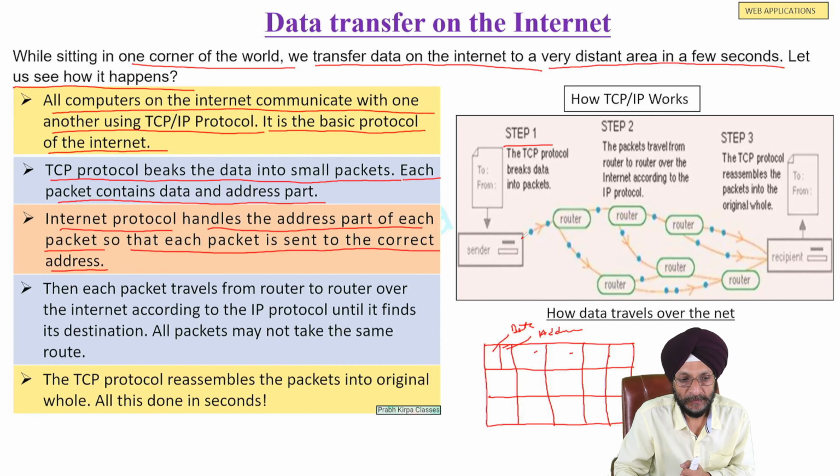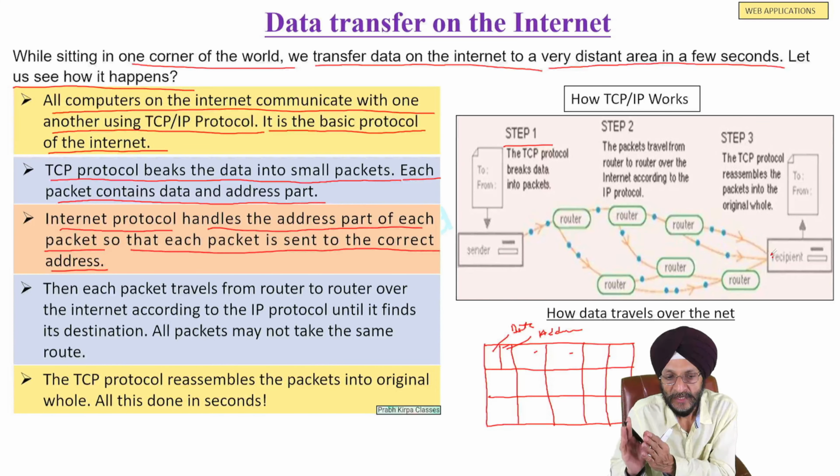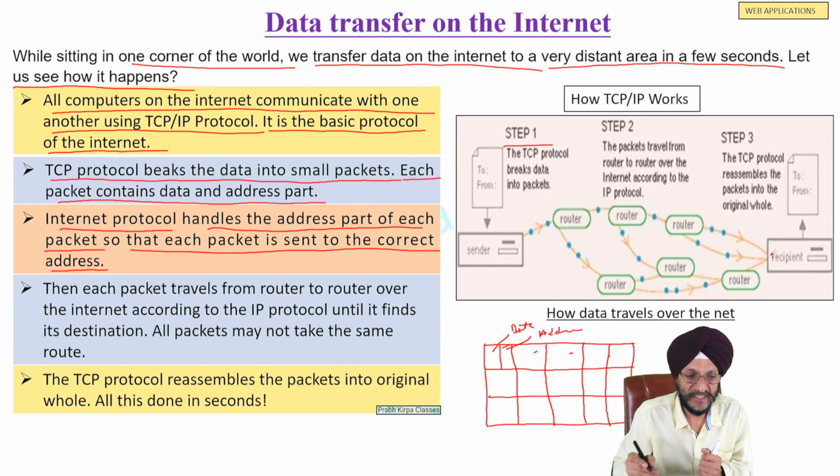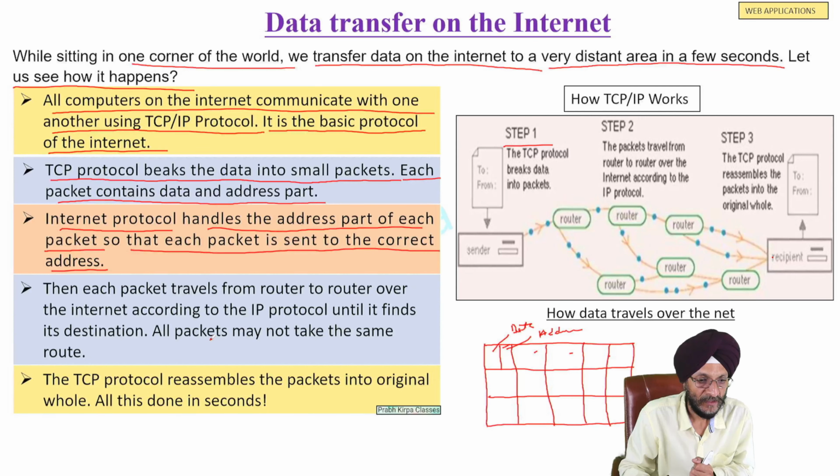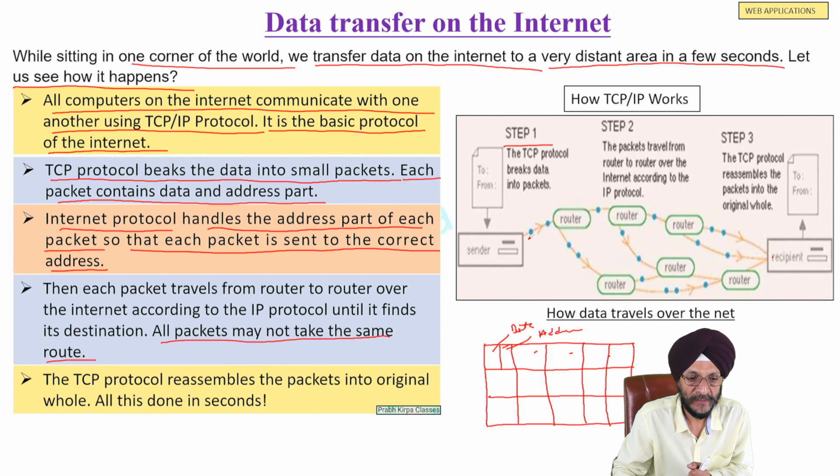Now these small packets travel from router to router until they reach the correct destination, that is the recipient. All the packets of data do not follow the same route. You can see that these small packets do not follow the same route.